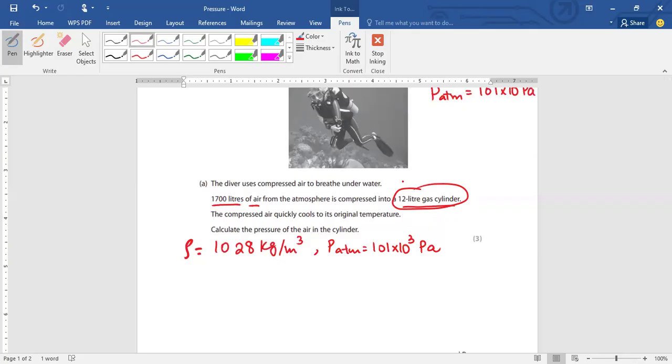Sorry, I don't understand your question. Read the question first. Don't you just do 1700 divided by 12? 1700 divided by 12 to find the density.